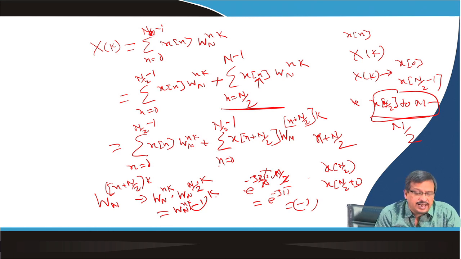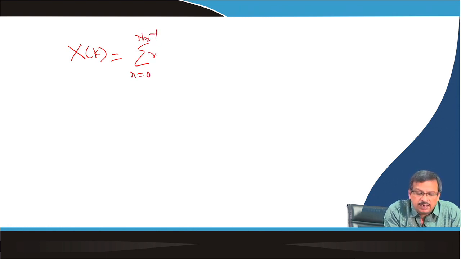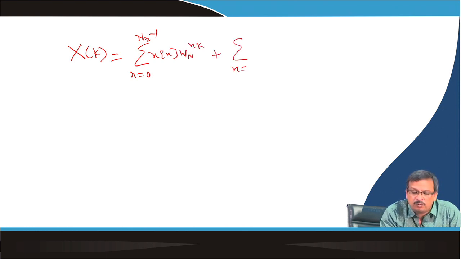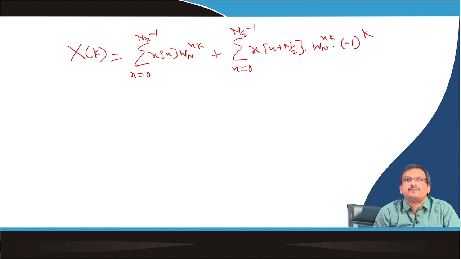So, what I can say is that X[k] is equal to the sum for n from 0 to N by 2 minus 1 of x[n] W_N^{nk}, plus the sum for n from 0 to N by 2 minus 1 of x[n plus N by 2] W_N^{nk} into minus 1 to the power k.